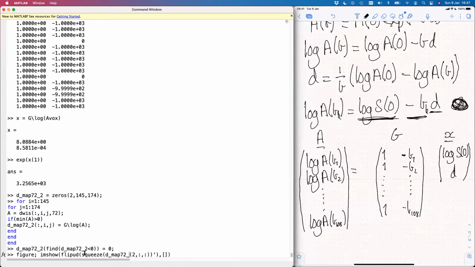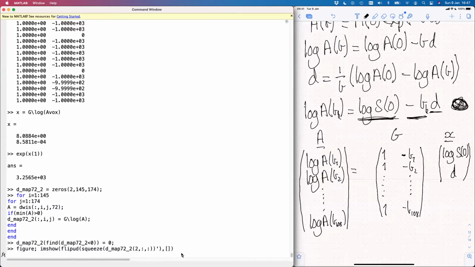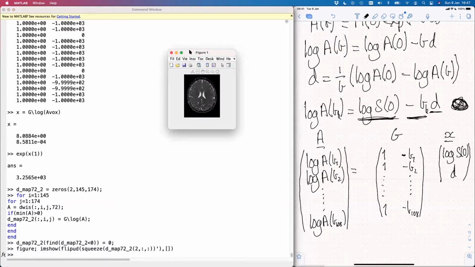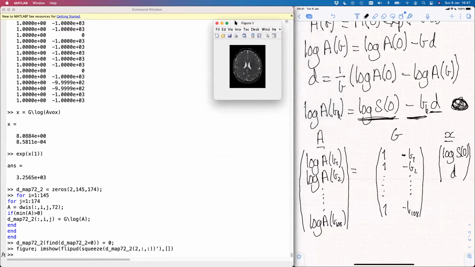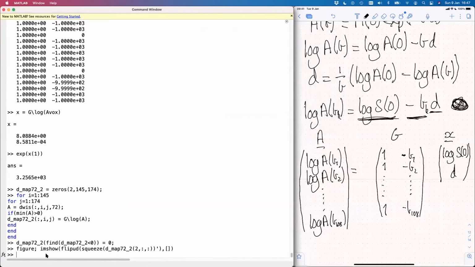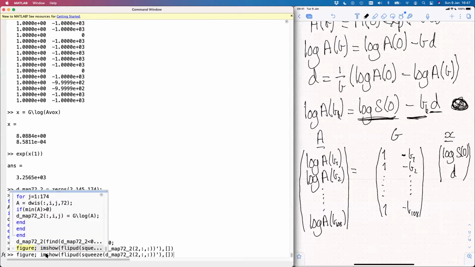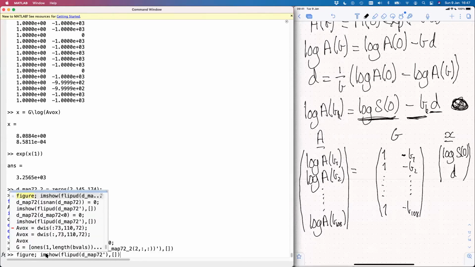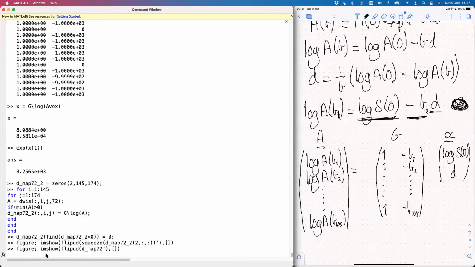I'm not too interested in the map of S0. So we're just going to look at the second element of DMAP72-2, which should be the diffusivity estimate. And there it is. So hopefully you can see that. Actually, I can bring up the old one as well, just for comparison. That's the old one.